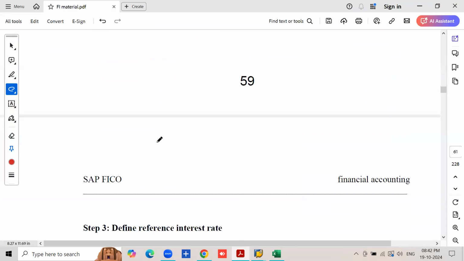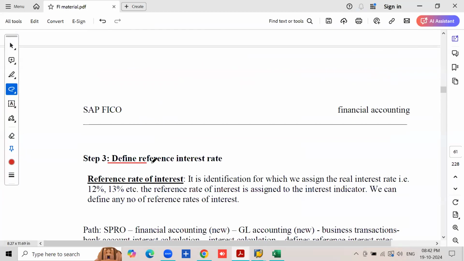Next, step number 3. Define reference interest rate. It is the identification for which we assign the real interest rate, that is 12%, 13%, etc. The reference rate of interest is assigned to the interest indicator. We can define any number of reference rates of interest. Right now, continue.